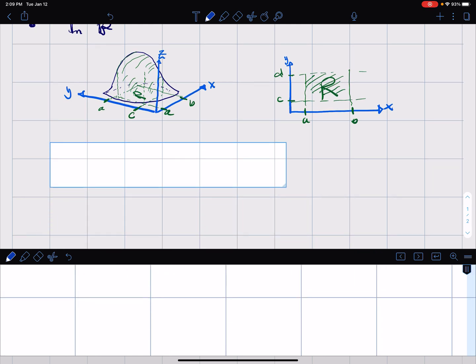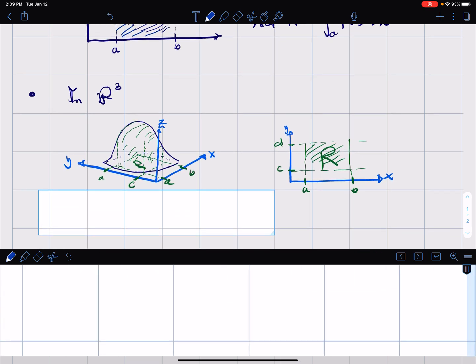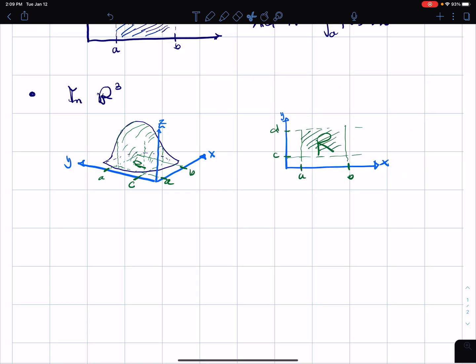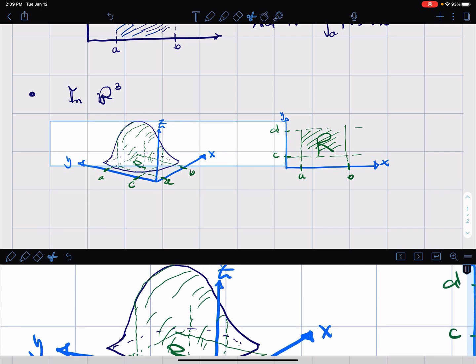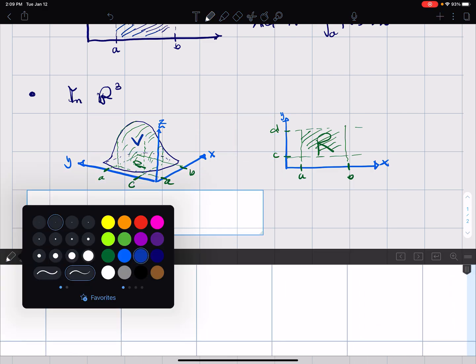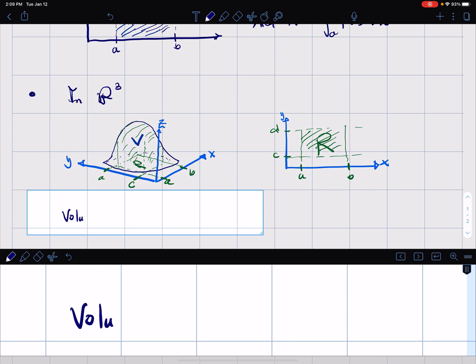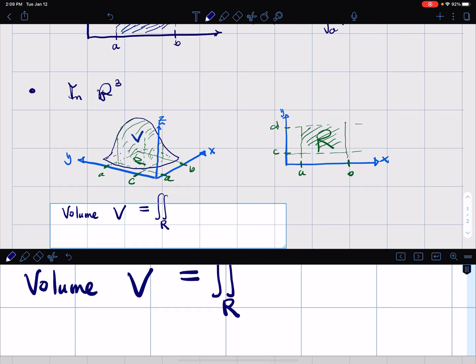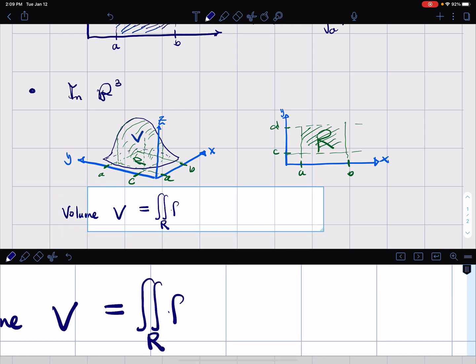So this, without going through a lot of rigorous proofs, let's call this volume V. The volume V that sits on top of R is expressed as the double integral over the region R of f of x, y, dA.